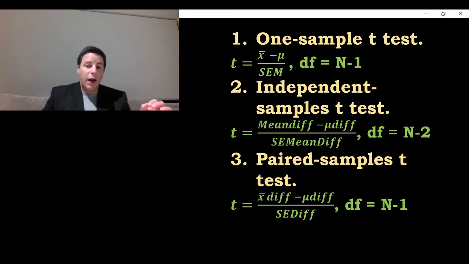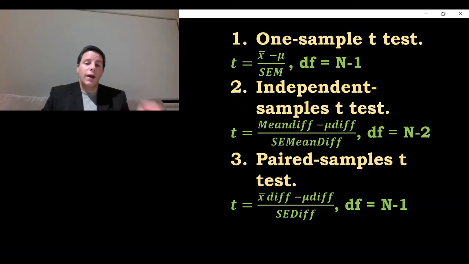Now, when that happens, what we can do is obtain a difference between the first score and the second score. We cannot do that in the independent samples t-test. Why? Because there is no relationship between the scores in one sample and the other. So we cannot obtain a difference score. But we can in this case.